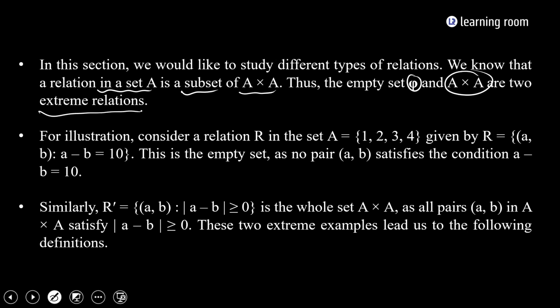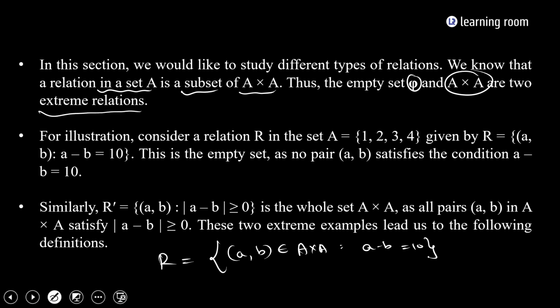For example, let's take a small example and understand. Suppose I consider a relation R in set A, where set A is {1, 2, 3, 4}, such that I am defining a relation R like this: R is equal to {(A, B) belongs to A cross A such that A minus B is equal to 10}.